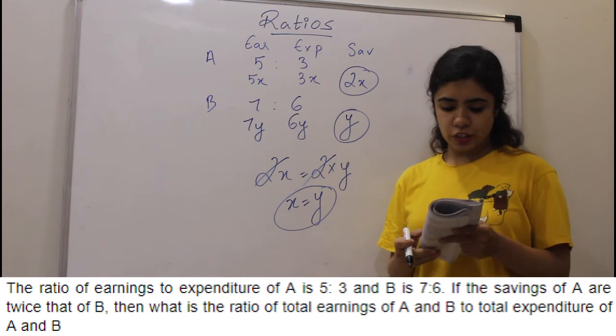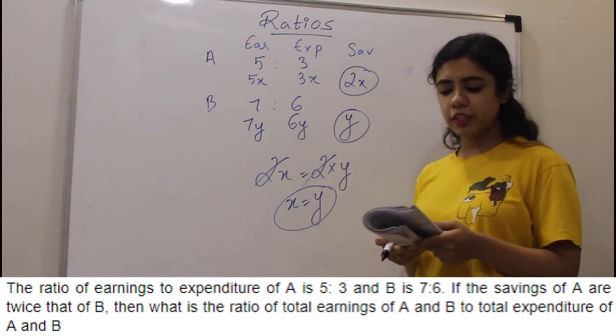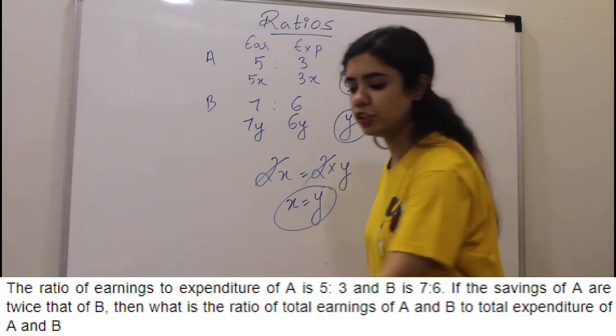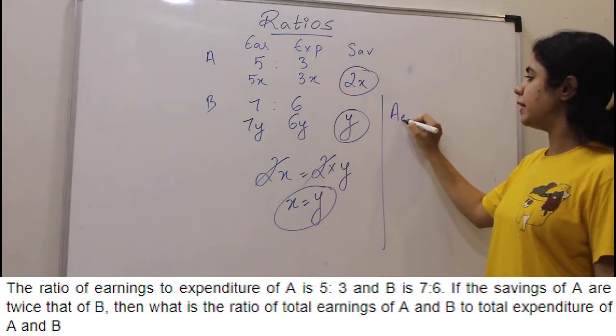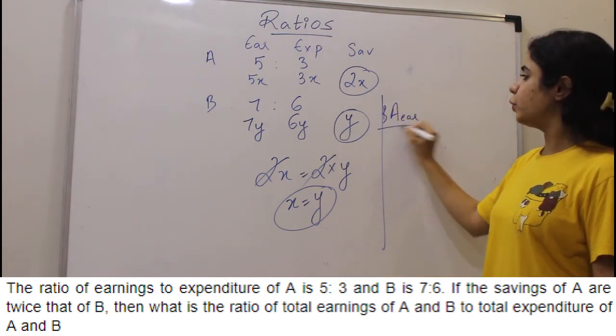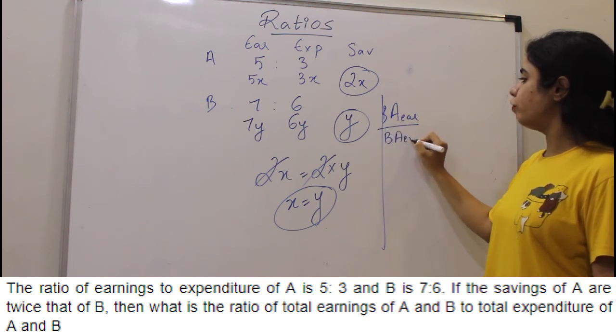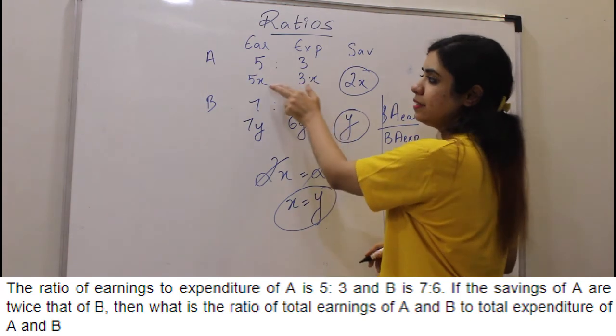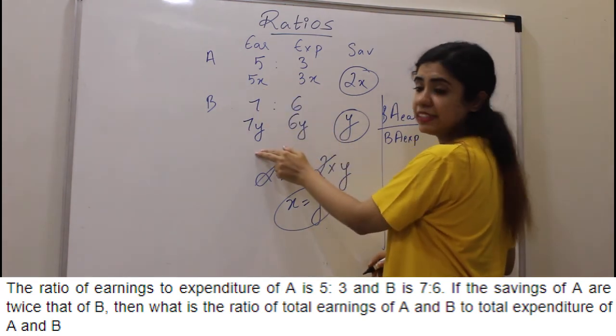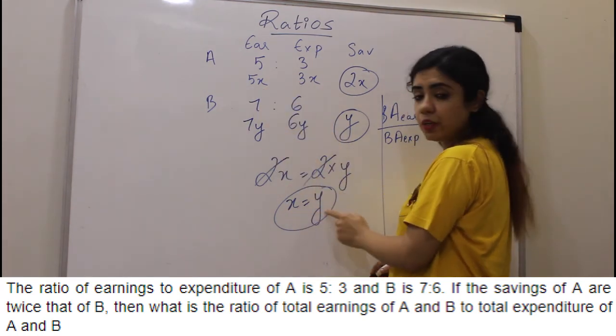So now the question is, what is the ratio of total earnings of A and B to total expenditure of A and B? Total earnings. देखो, A is earning 5x, B is earning 7y. But we know x is equal to y.